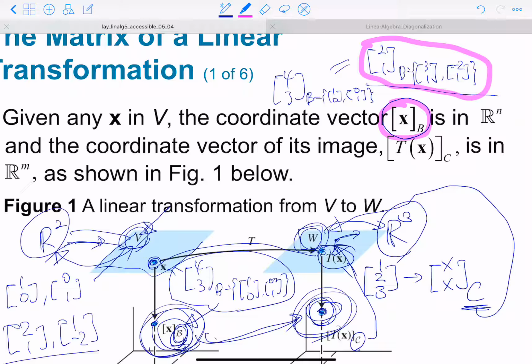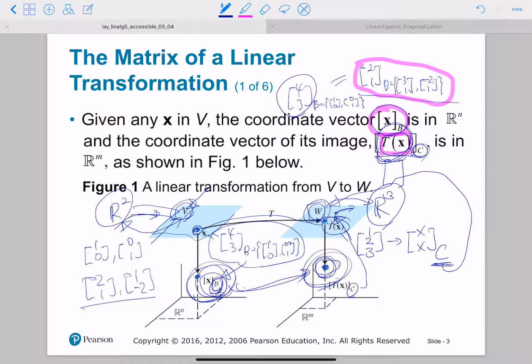And now, what is this Tx? Tx is, for example, some three-dimensional vector. This Tx is originally this kind of output vector, but when using it with respect to the basis C, it will have its own coordinate vector, right?